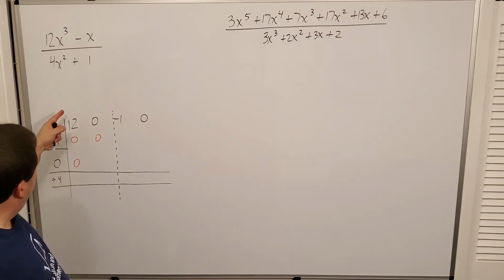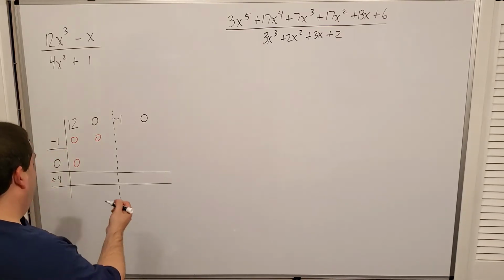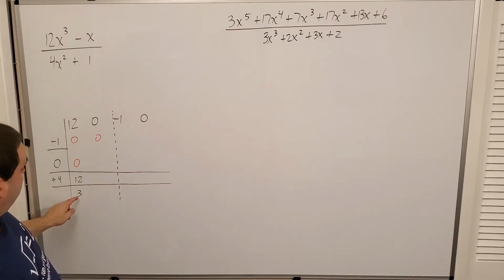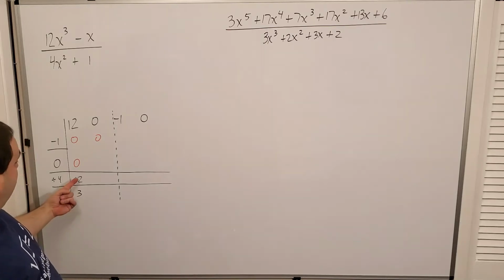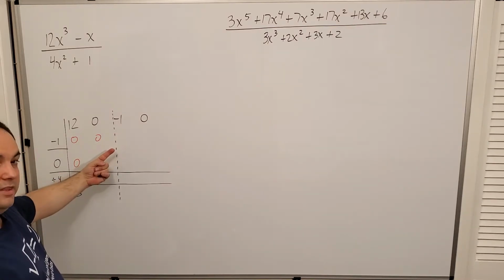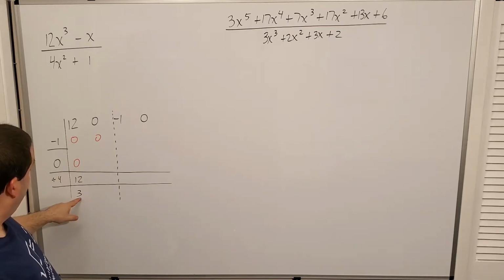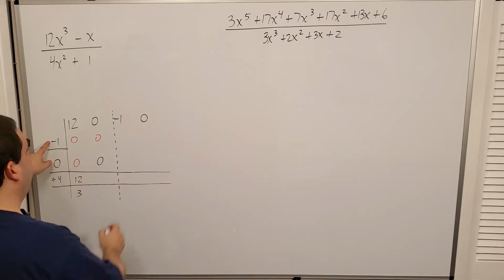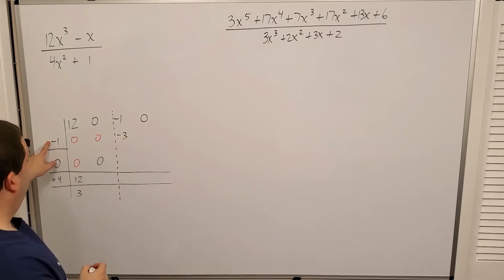I'm going to add, so I have 12 here. 12 divided by 4 is 3. And don't forget, you're multiplying this number, the 3, but it's working along the diagonal that's with the 12, okay? So 3 times 0 is 0. 3 times negative 1 is negative 3.